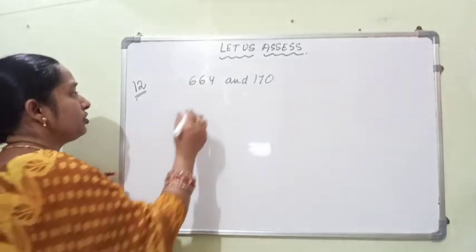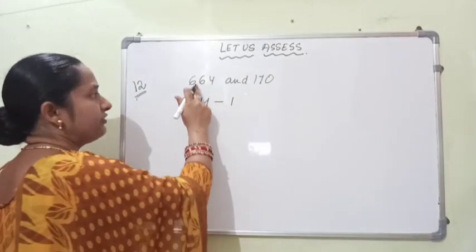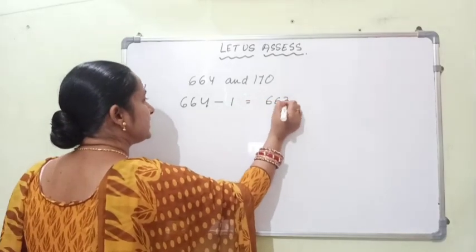So for that, what you have to do: take the first number and subtract the remainder. For the first number, the remainder is 1. So after subtracting, you get 663.